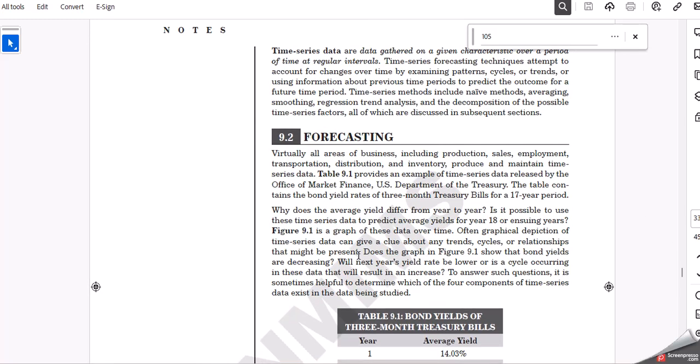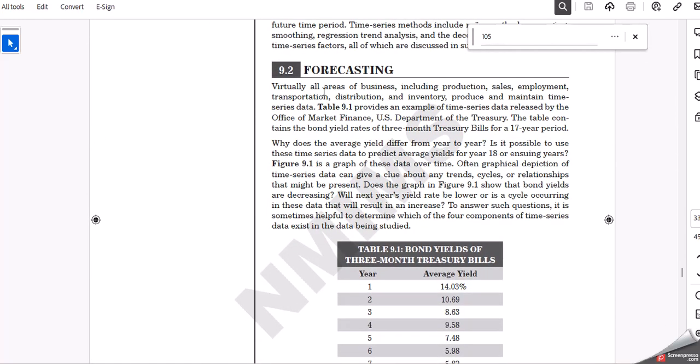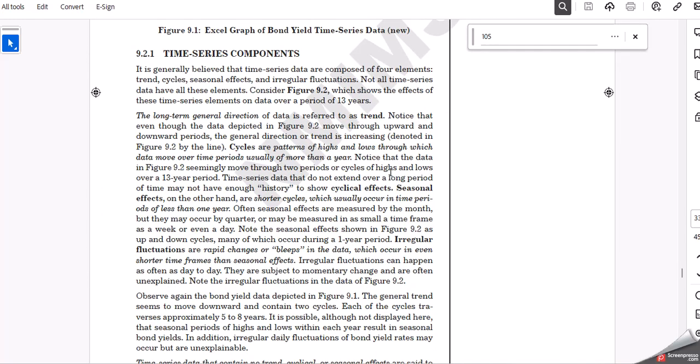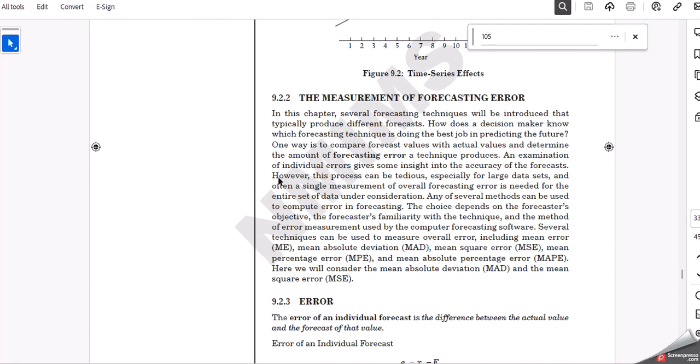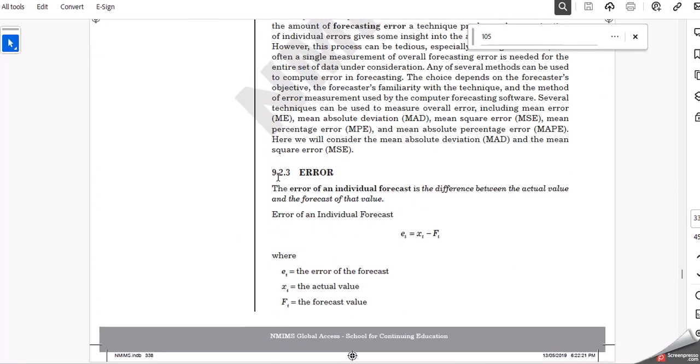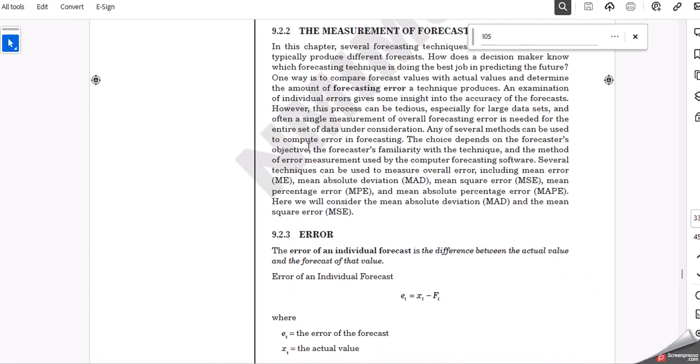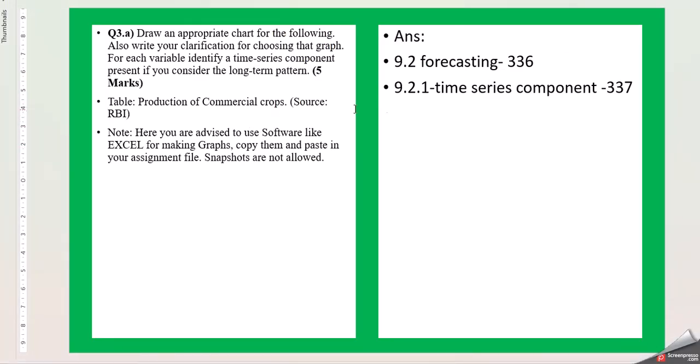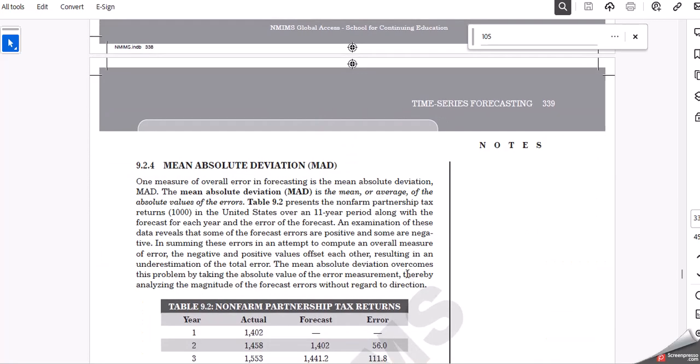So here you have a small amount of information about forecasting and time series components, so that you will easily understand the data we have been given and what the results are going to be, so that we can interpret the outcome.